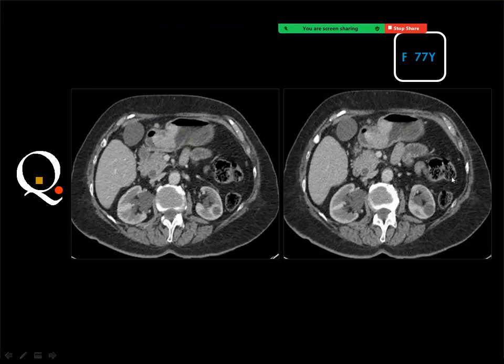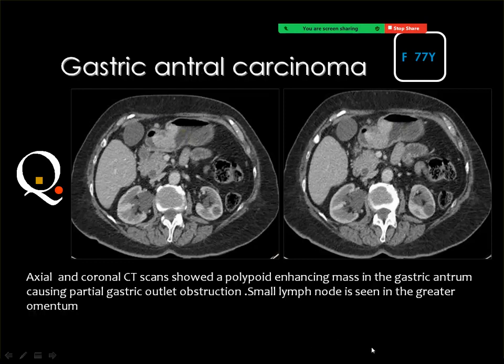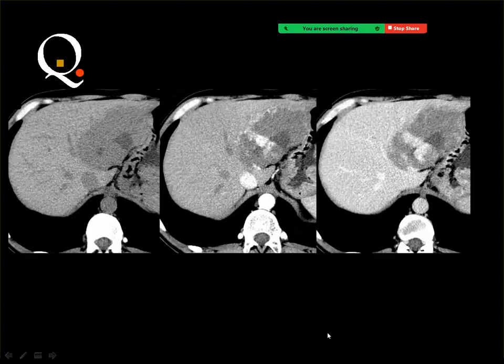Yes, this is the small bowel, it's absolutely clear, but the main problem is here, inside the stomach. This is the stomach, and you have an enhancing mass within the pyloric antrum, and masses inside the stomach should be considered as carcinoma until proved otherwise. Of course, in the differential diagnosis, you should include lymphoma and metastasis, but you should mention first that this should be a gastric carcinoma until proved otherwise by endoscopic biopsy.